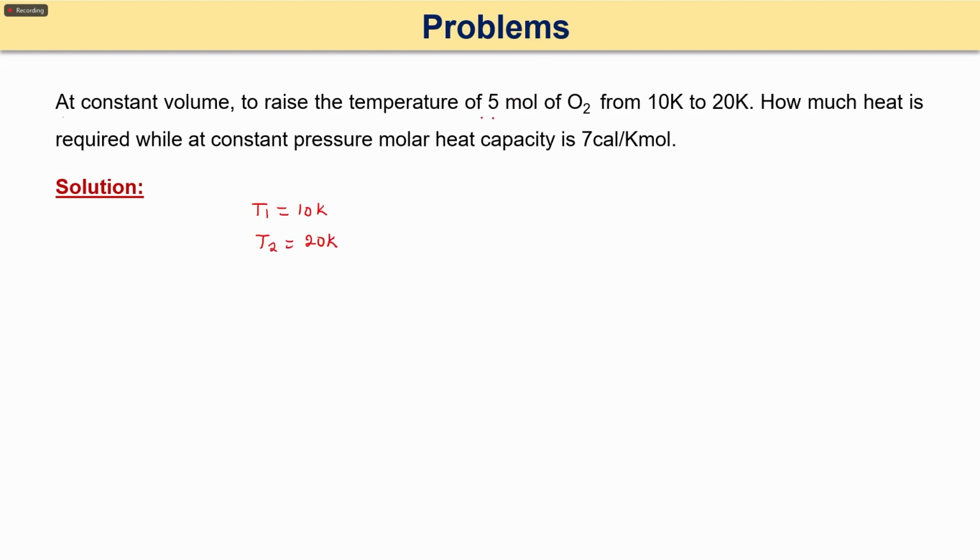And here we have given number of moles. Number of moles equal to 5 moles. Okay. So 5 moles of oxygen from 10 Kelvin to 20 Kelvin. How much heat is required?